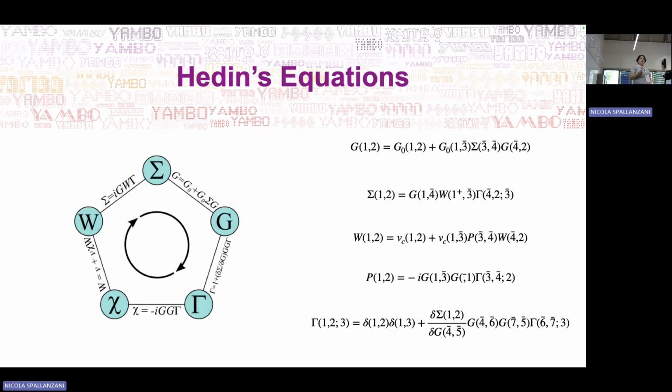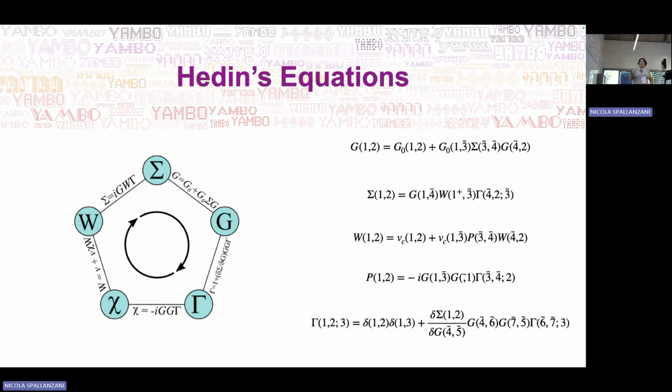So what are Hedin's equations? Hedin's equations are a set of closed equations that are supposed to be solved iteratively. We have the equation we have seen before, the Green function equation written in terms of a Green function for the non-interacting system and a self-energy, where the self-energy is given again by the Green function, the screened potential, and this vertex gamma here.